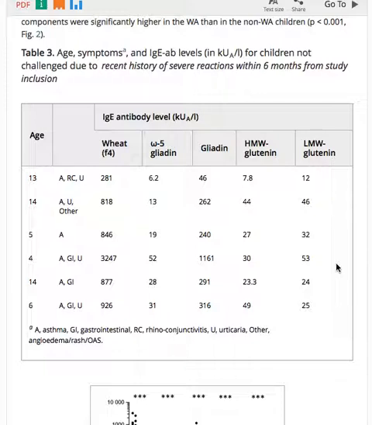So this is something that can definitely be looked into and broadened and give us a better understanding of a wheat allergy and what is actually an allergy to specifically wheat, not to pollen or grass. Grass is a very typical confusion. And these allergies are continuing to grow in the population.